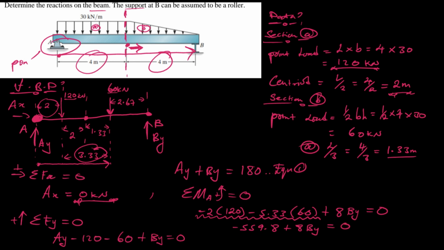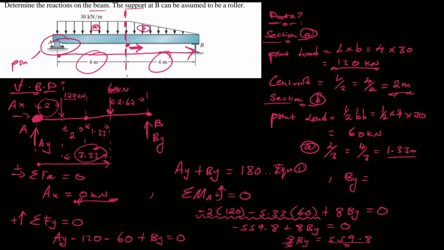So we have 8BY being equal to 559.8, and we know we have to divide this by 8, and in the sense we have BY being equal to, now if you calculate properly here what our value should be, if we add all these values together, what are we going to end up having? Just a quick check, checks are quite important when solving, so always be with your calculator.